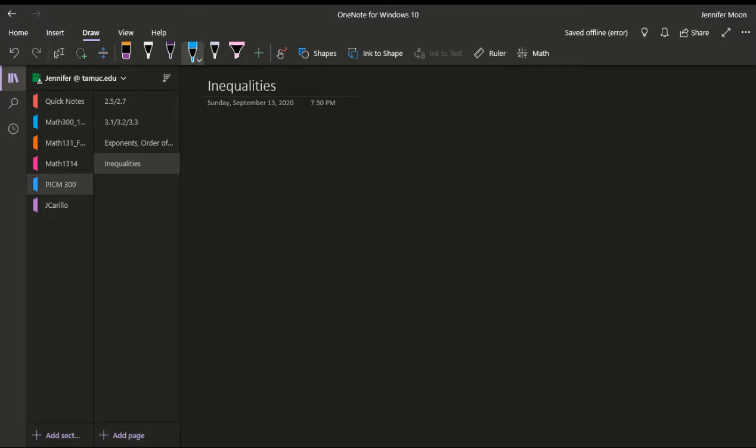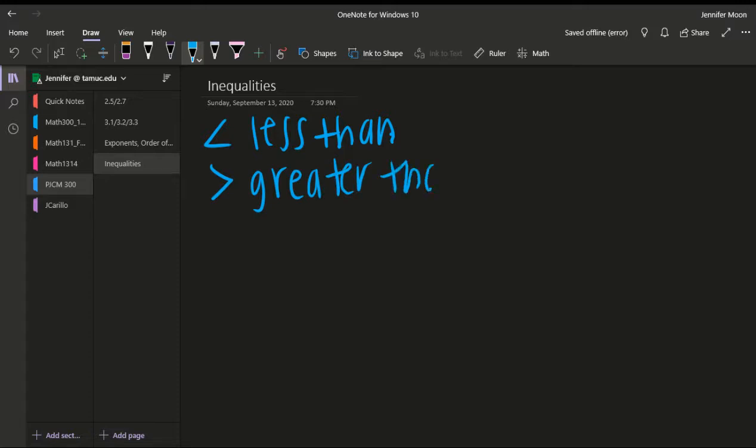And these symbols are this, which is less than. We have this, which is greater than. And then we also have this, which is less than or equal to.